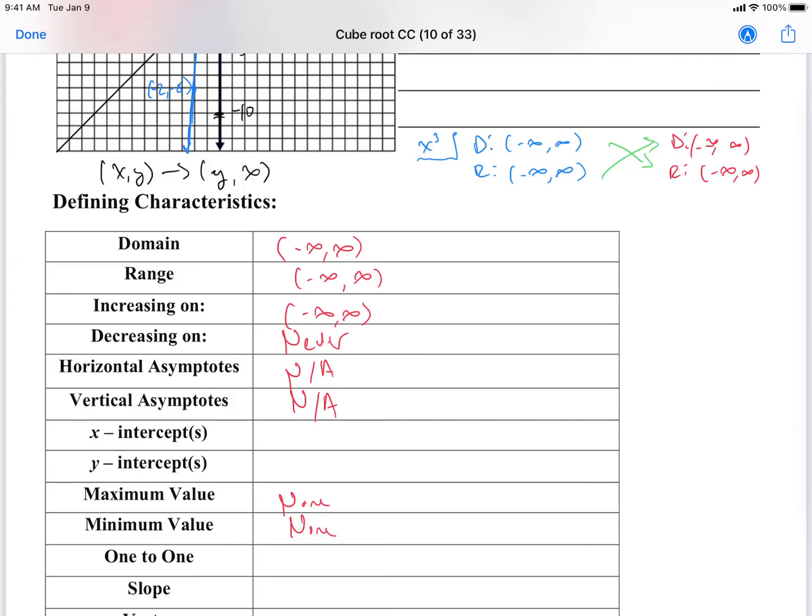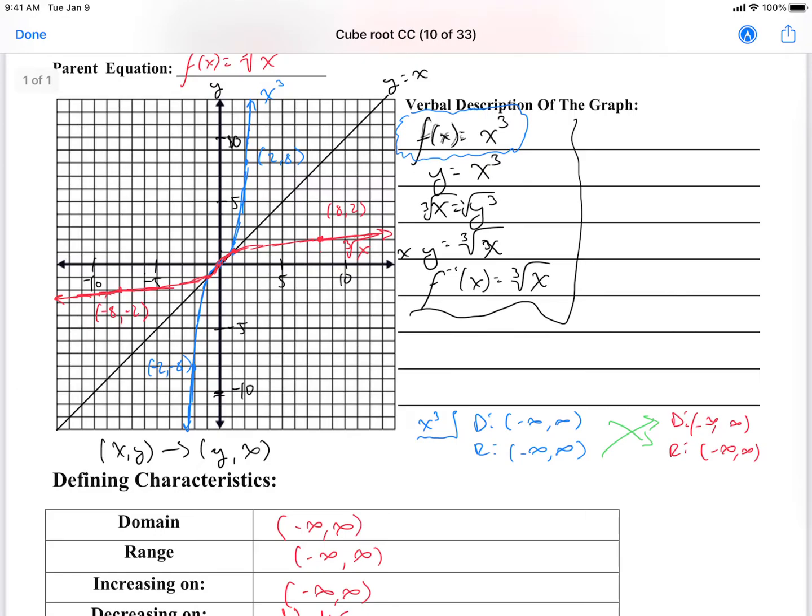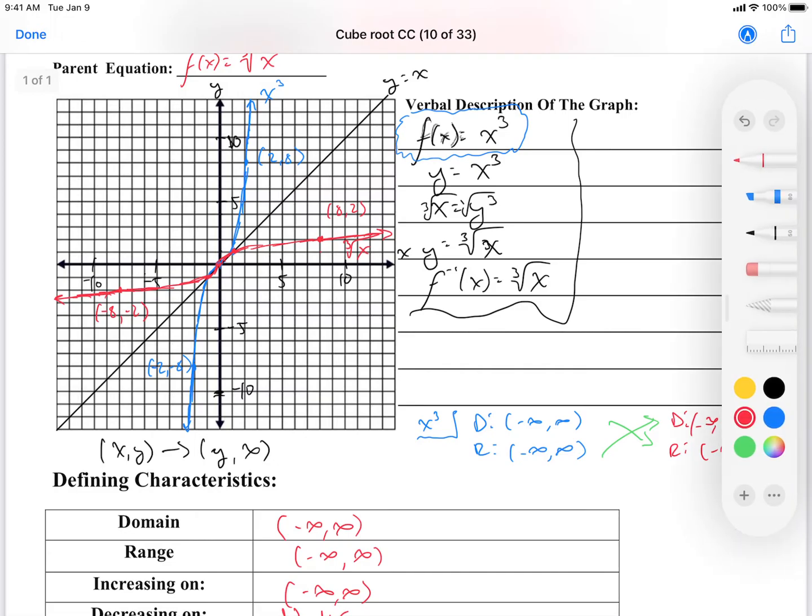Okay. Is it one-to-one? Here's the trick, guys. This is what we tried to show with the last set of notes. So we're going to look at the blue one.